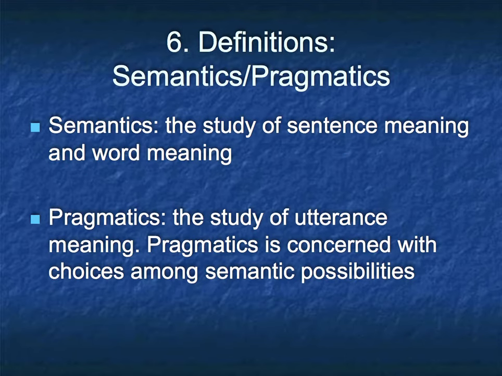So let's have a look at some definitions then, to try and distinguish between semantics and pragmatics. So semantics is the study of sentence meaning and word meaning. Remember, sentence meaning. Pragmatics is the study of utterance meaning. Pragmatics is concerned with choices among semantic possibilities, and we've looked at various choices in some of the sentences we looked at earlier.